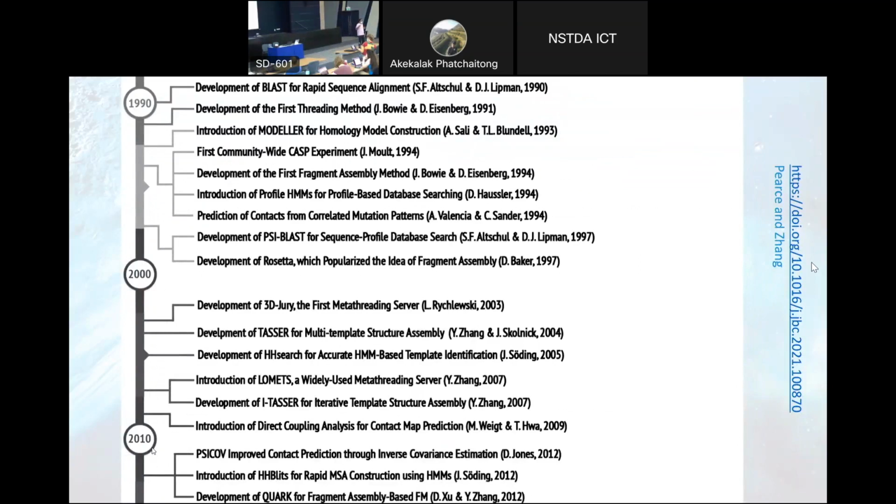It's a wonderful run. Every 2 years it happens. What it allowed all the structure modeling community to do is really have an honest check of how good we are. So that one started in 1994. And another part, I'll go into a little later, is direct coupling analysis. That's in 2009. So just keep those two in your mind.